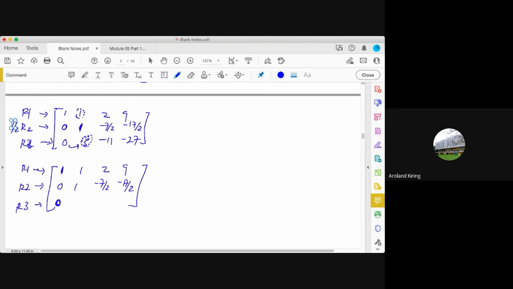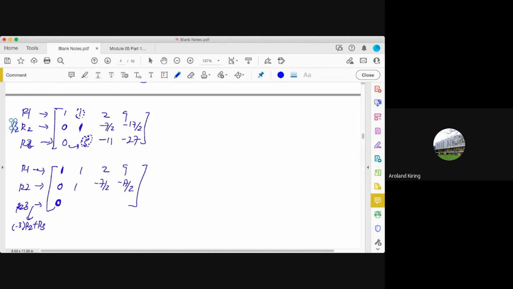So it won't be a good idea to use row 1. What you can do is choose row 2. Because row 2 here has 0, it won't affect your 0 at row 3 column 1. So for this part, we're going to use row 2, but we need to multiply by negative 3 and add it to row 3.